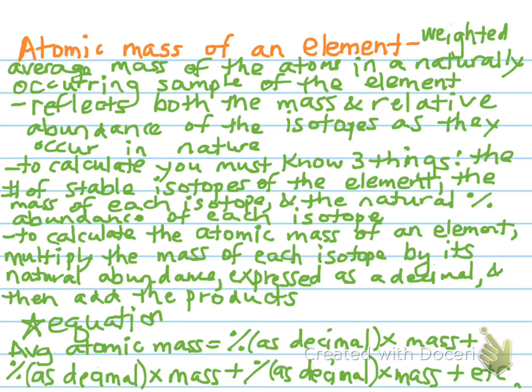If I happen to do an element that has 5 isotopes naturally occurring, I would have to do this 5 times. So this is how you calculate that average atomic mass.